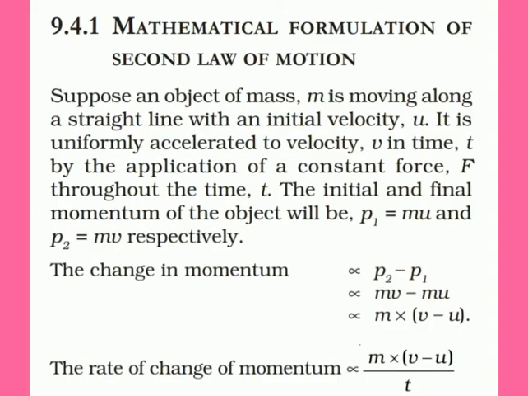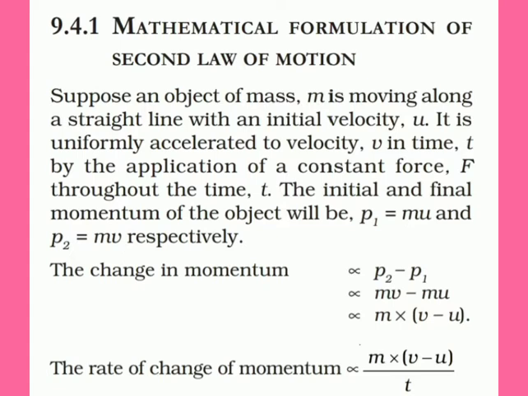Mathematical formulation of the second law of motion. Suppose an object of mass m is moving along a straight line with an initial velocity u. It is uniformly accelerated to velocity v in time t by the application of a constant force F throughout the time t.